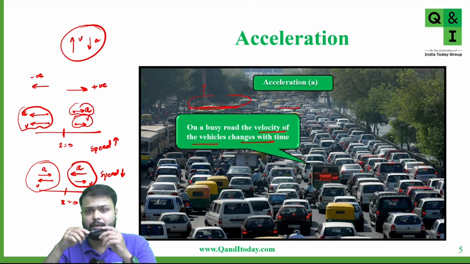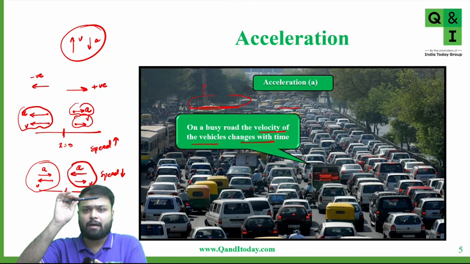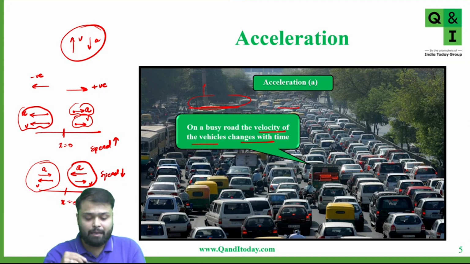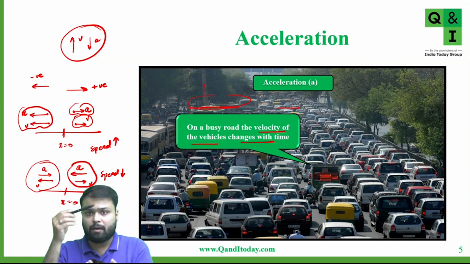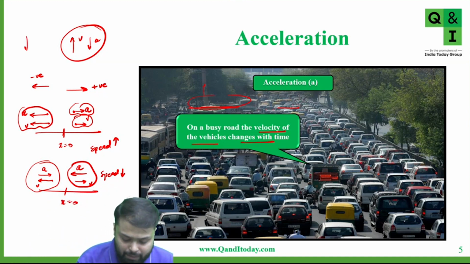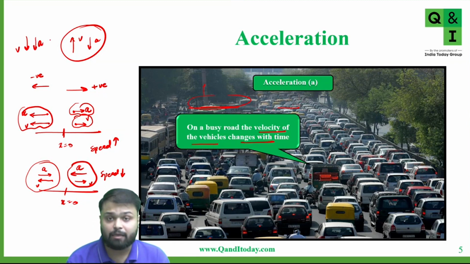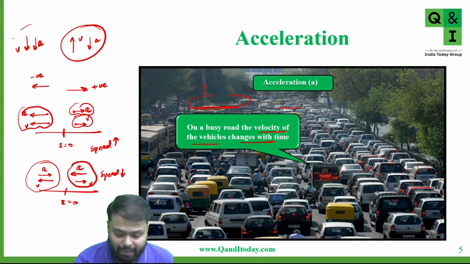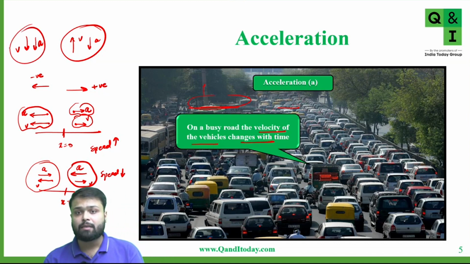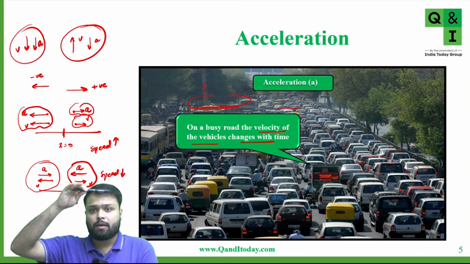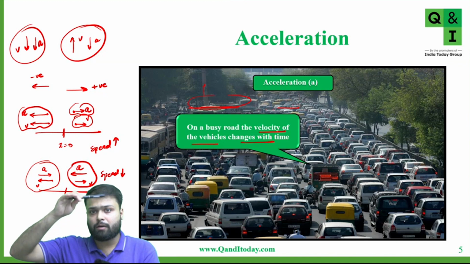And at some height, it will come to rest for a moment. Now, when this pen starts coming down, that means the velocity of this pen is in the downward direction and acceleration is also acting in the downward direction. Now, in this case, acceleration is supporting the motion. That means as the pen comes down, the speed of this pen will go on increasing.